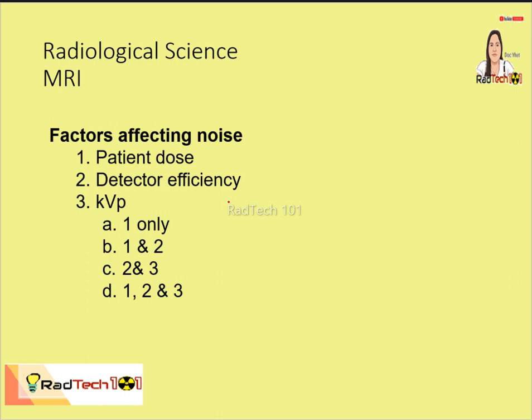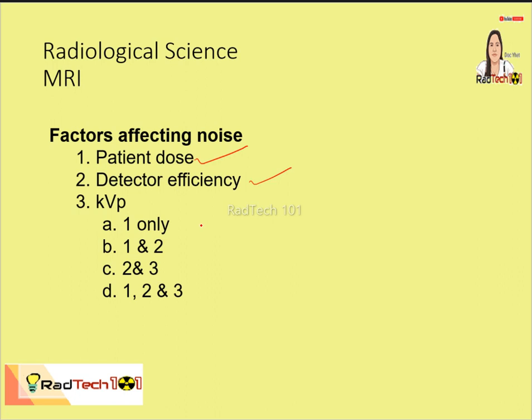Next, which of the following factors affect noise? So, patient dose. Diba? The higher the MAS use, diba? The more X-rays produce, the higher the patient dose. Detector efficiency. Pag least efficient ang detector, kailangan nating dagdagan ang number of photons produced na kailangan natin to produce the image.